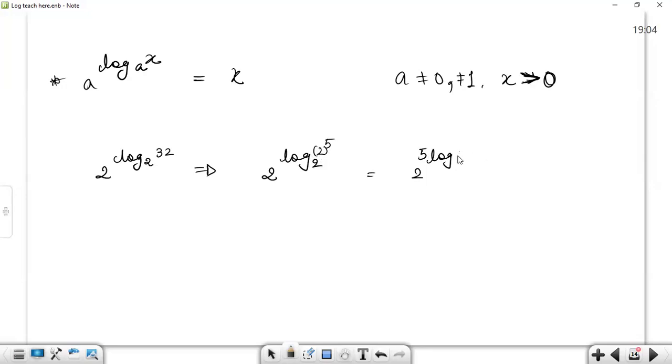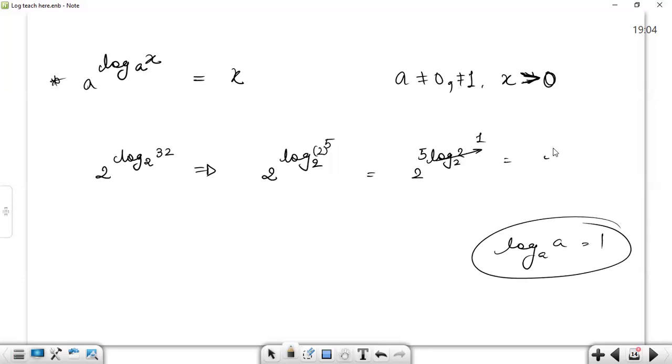Now remaining is logarithm of 2 to the base 2. It is what? 1. Yes, 1. So now what is remaining? 2 raised to power 5 into 1, 2 raised to power 5, which is 32. So the answer is this only, right? Yes, sir. That's why its answer is coming as x also. This is one example of this.